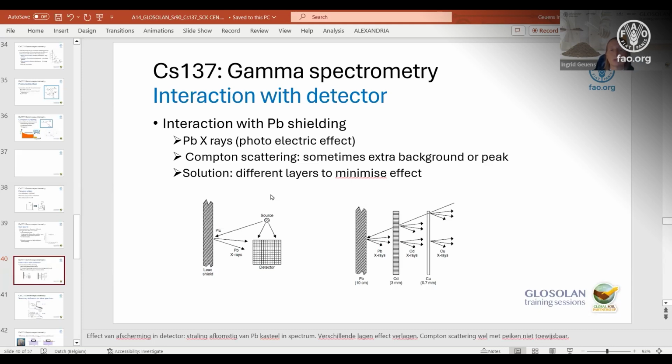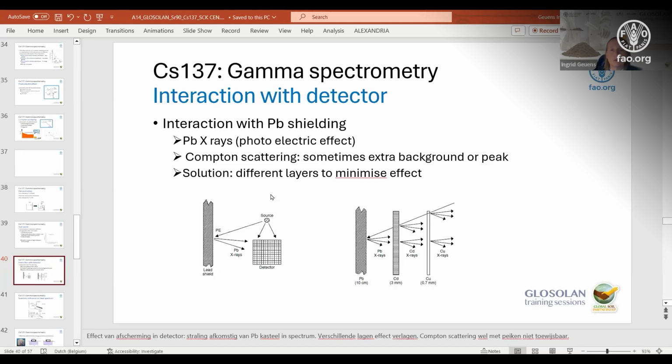But the gamma source, your sample, it doesn't matter. The gamma goes in all directions, and it goes also to the lead shielding, giving you lead X-rays due to photoelectric effects. It gives you Compton scattering in your shielding. So sometimes you get even extra background or sum peaks in your spectrum just from your shielding itself.